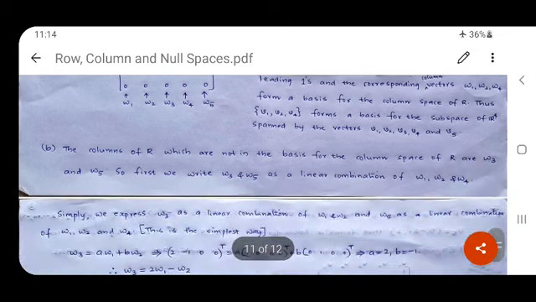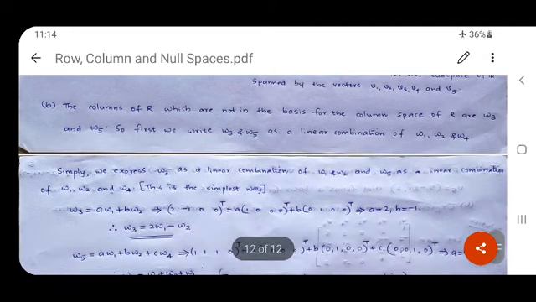The columns of R which are not in the basis for the column space of R are w3 and w5. So first we write w3 and w5 as linear combinations of the remaining vectors w1, w2 and w4. The simplest way is expressing w3 as a linear combination of w1 and w2 of lower subscripts, and w5 as a linear combination of w1, w2 and w4.